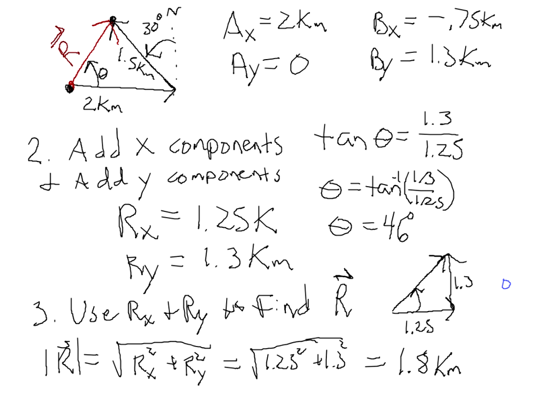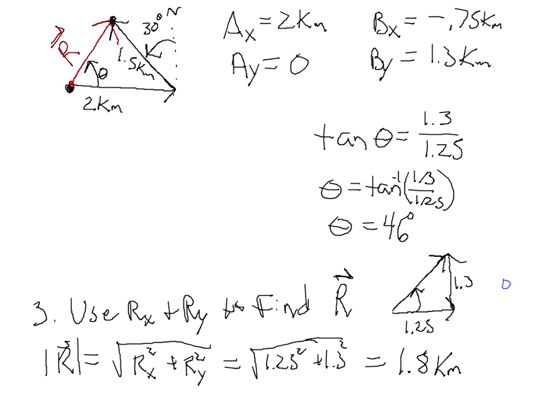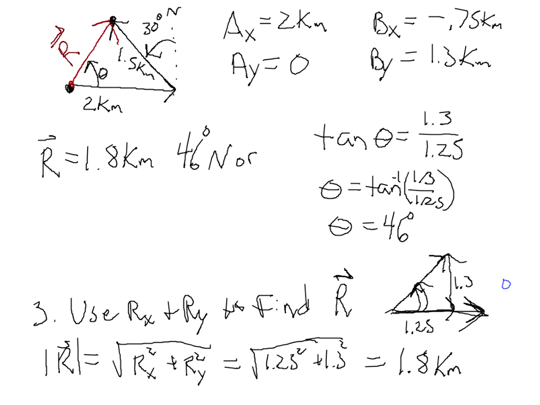So the answer to what is vector R: it is 1.8 kilometers, 46 degrees, and this is the east direction down here, and we're going north of the east axis.